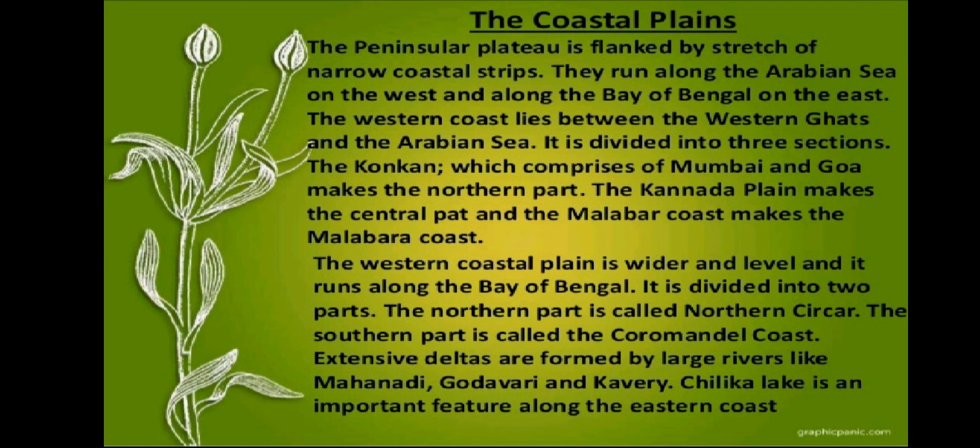The southern part is called the Coromandel coast, Tamil Nadu and Andhra Pradesh. Extensive deltas are formed by large rivers like Mahanadi, Godavari, Kaveri. Now one famous lake is also there in Odisha. Chilika Lake is an important feature along the eastern coast.